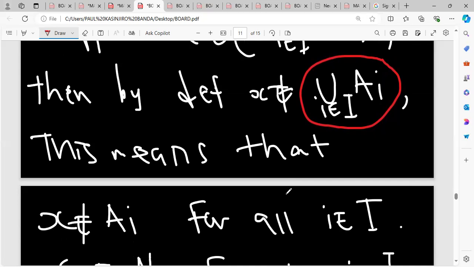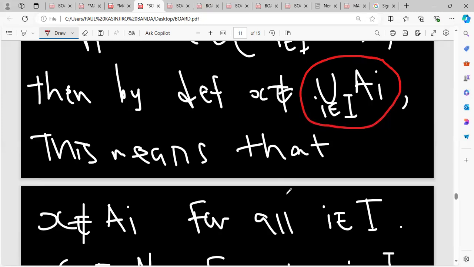But remember, for the union, if we are getting the union, those elements can be found in both, or they can just be found in one. Remember, right? So for the union, by definition, you are supposed to write for some.